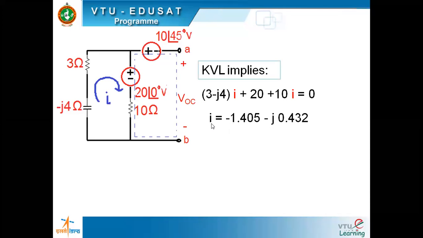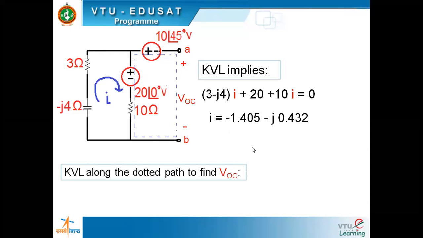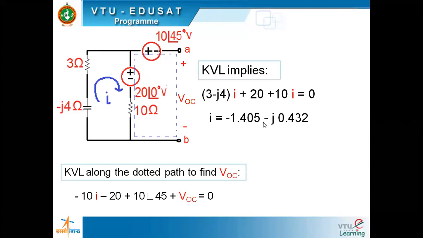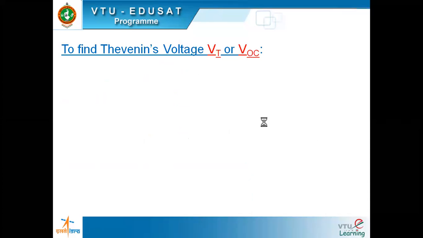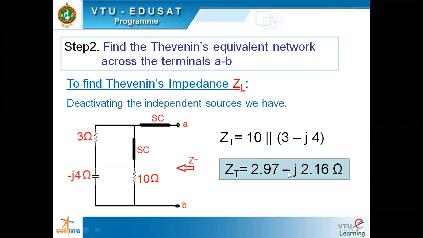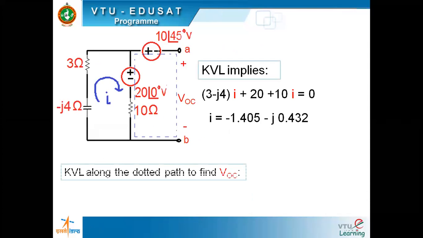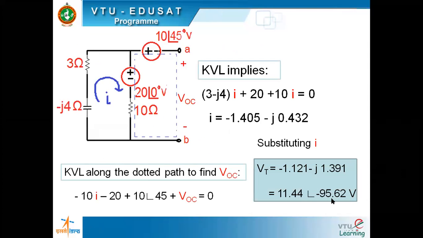Wherever we find VOC, the voltage across the open circuit terminals, we mark the dotted path and apply KVL along it. We found out VT. And always remember, impedance is kept in A plus JB form, but voltage and current are kept in R theta form, the polar form.